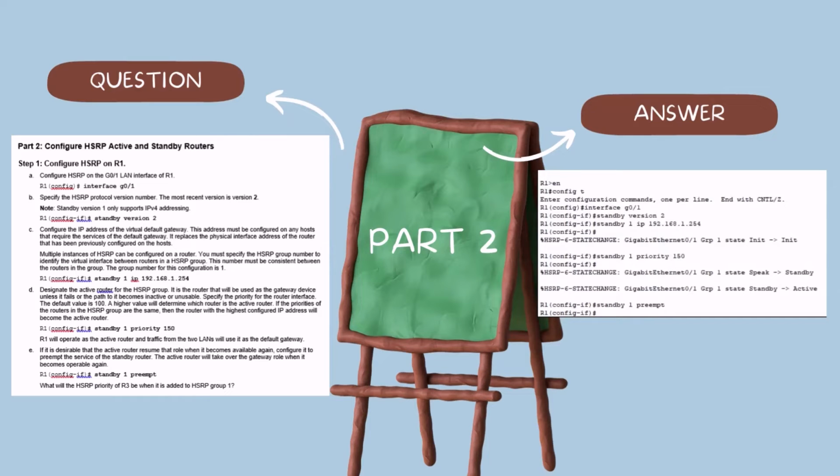So for the question D, designate the active router for the HSRP group. It is the router that will be used as the default gateway device unless it fails or the path to it becomes inactive or unusable. Specify the priority for the router interface. The default value is 100.